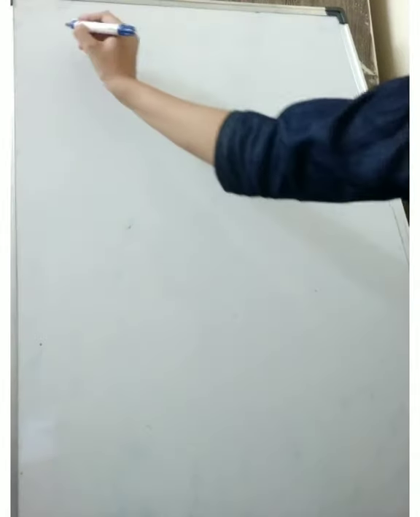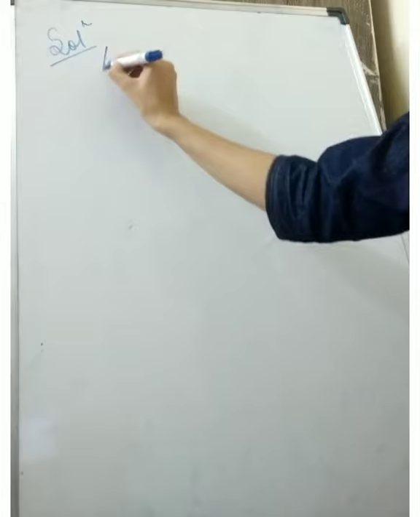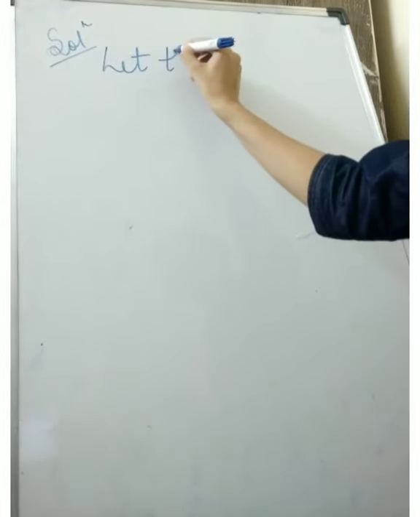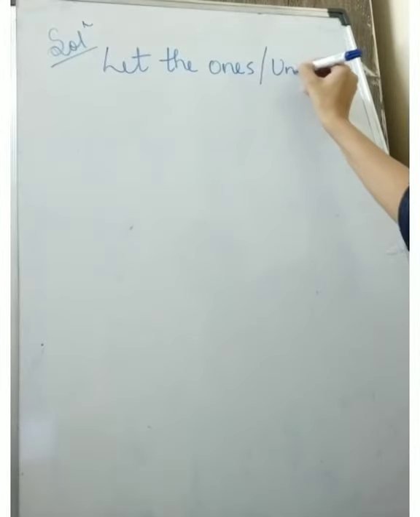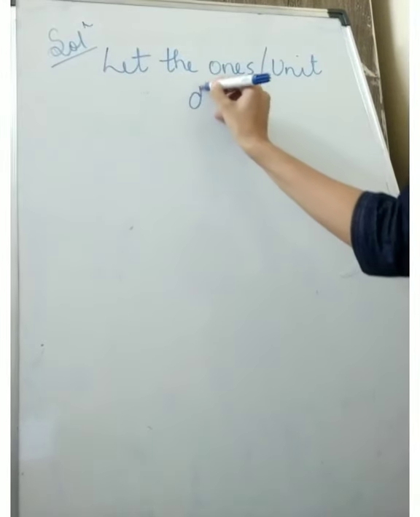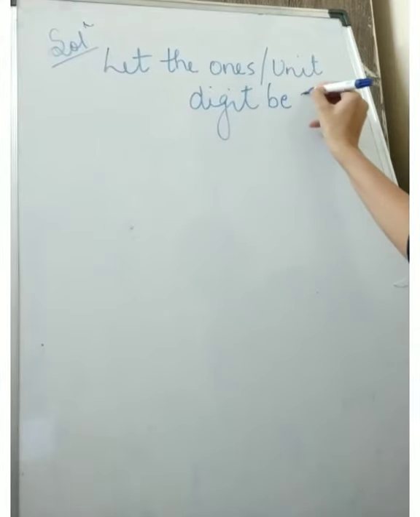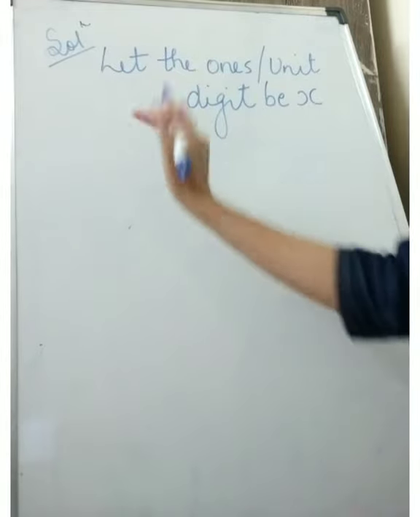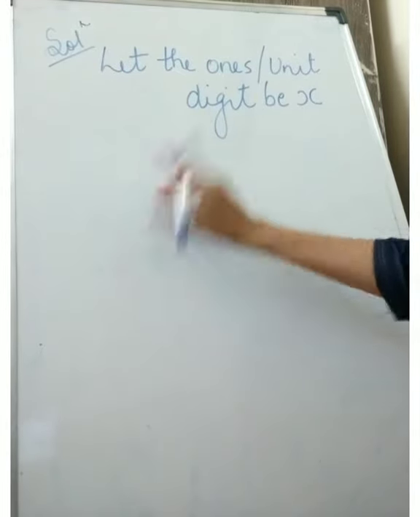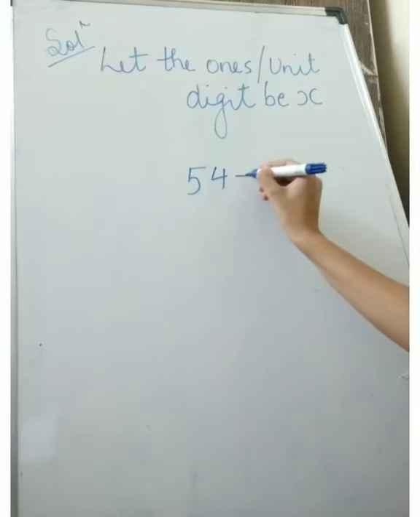So I am writing, let the ones, or we can say the unit digit, be x. Now I already explained that when we are adding the digits of a 2-digit number, suppose I am taking 54, because 5 plus 4 is 9.